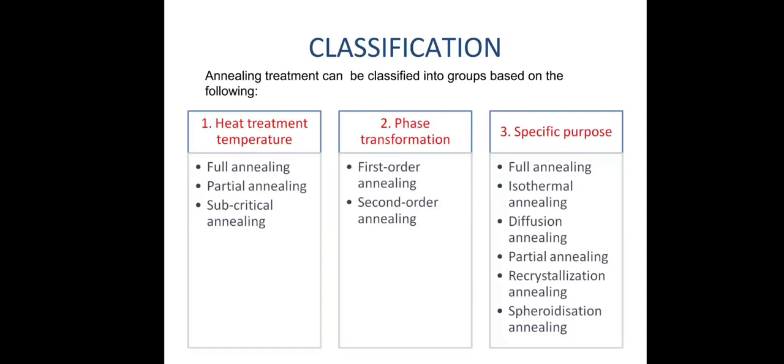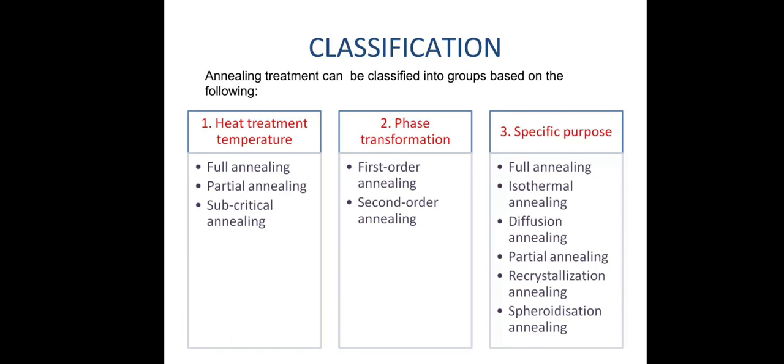In general, annealing treatment can be classified into groups based on the following: number 1, heat treatment temperature; number 2, phase transformation; number 3, specific purpose.